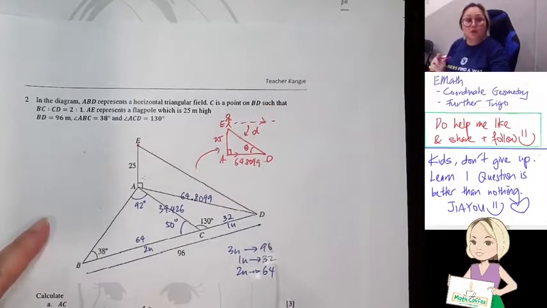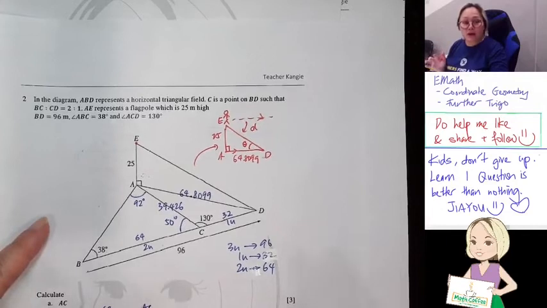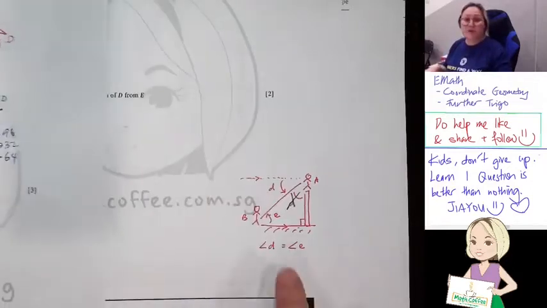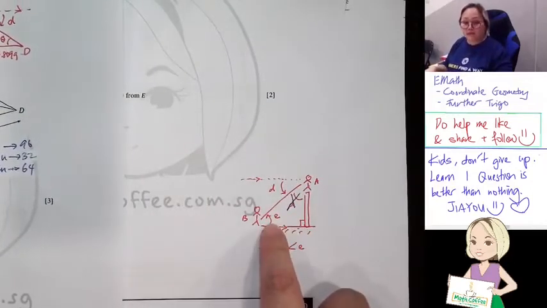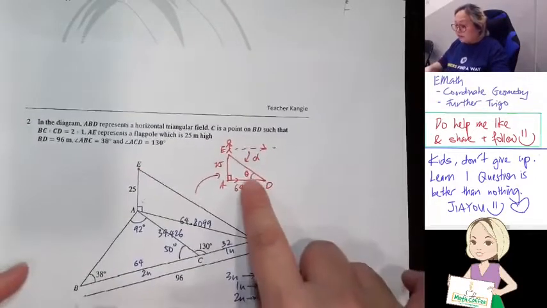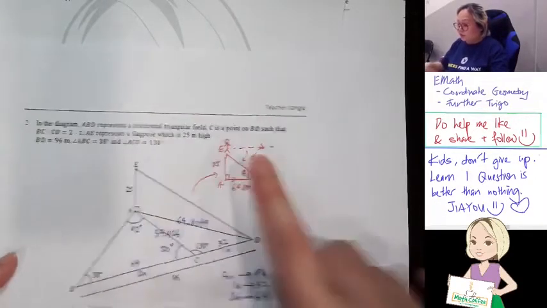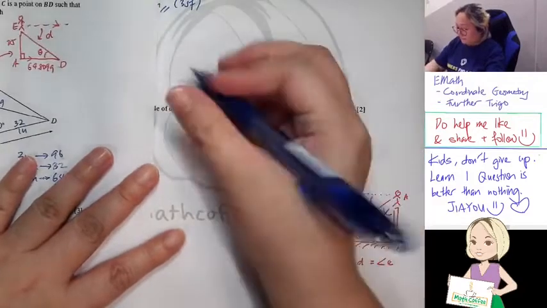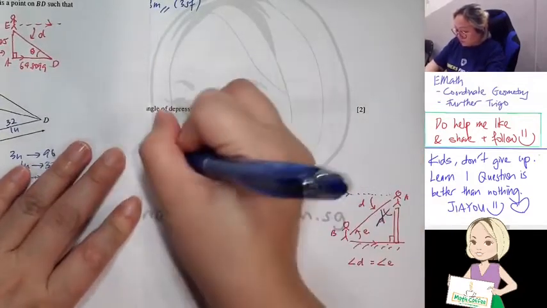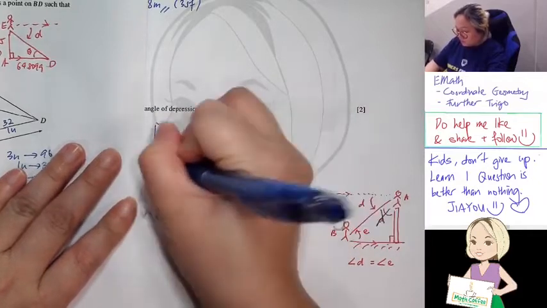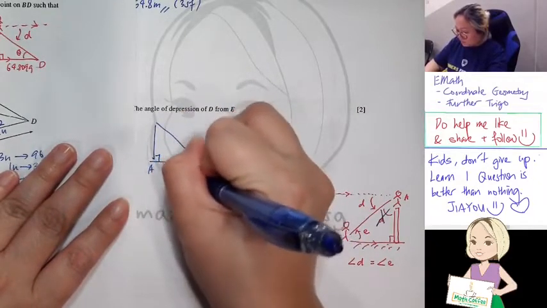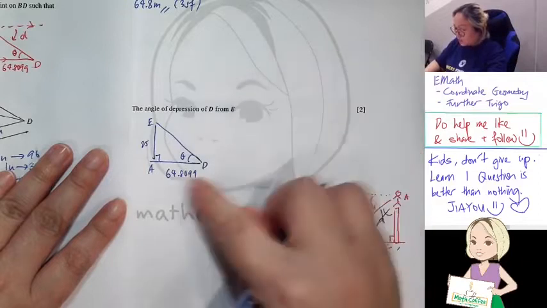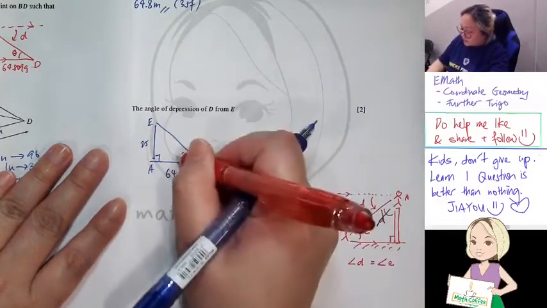Although they are asking for angle of depression, I can use a triangle and find the angle EDA. It's the same angle, as already explained. Angle D and angle E is the same. So I redraw here. Theta, this is my opposite.